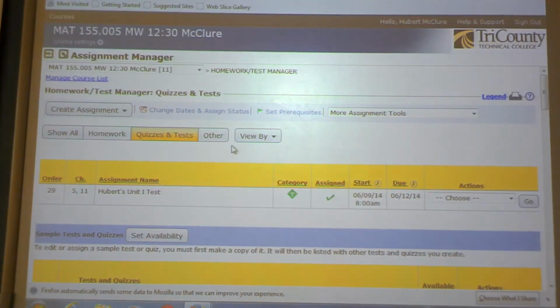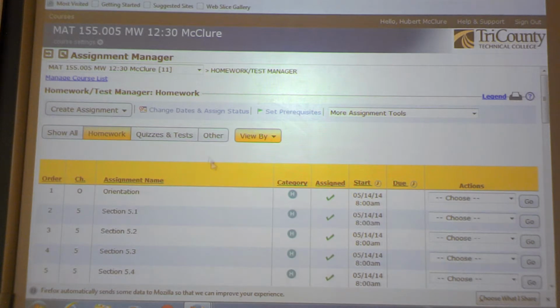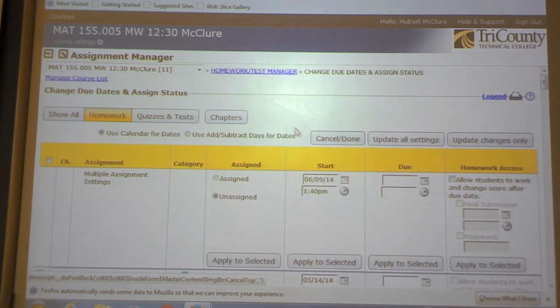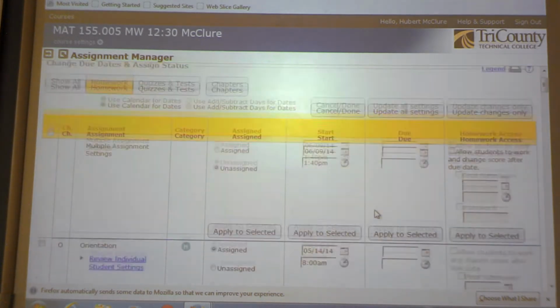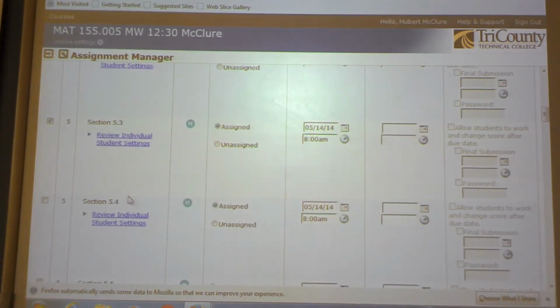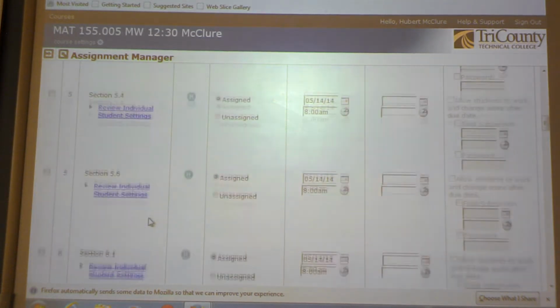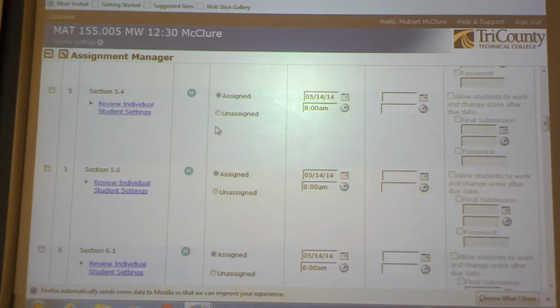So let's see how long we assigned the test. So what does that mean about the homework? Yeah, you fill it out. That means the last day to do homework will be 5.1, 5.2, 5.3. I didn't do 5.4, so I don't care about it.